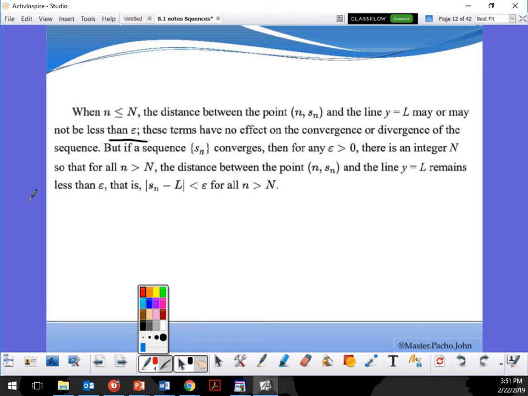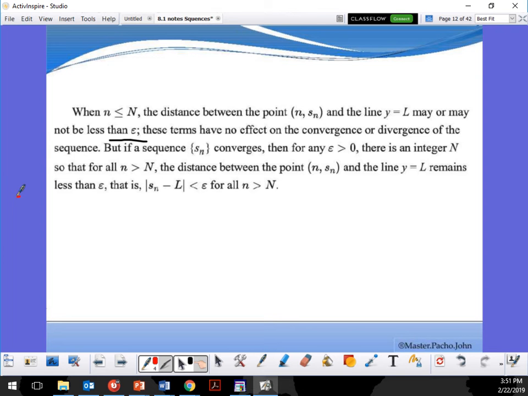But if a sequence S of n converges, then for any epsilon greater than 0, there is an integer capital N so that for all n, lowercase n, greater than capital N, it's going to start squeezing in between there, right?